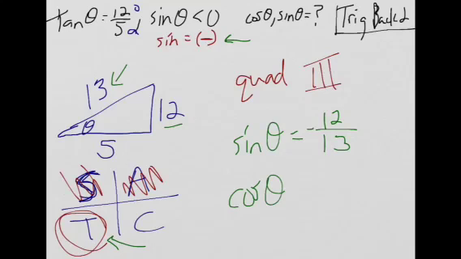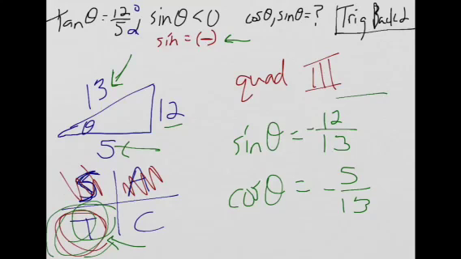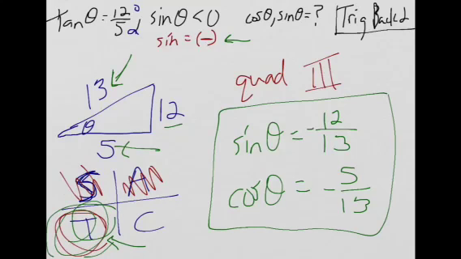And my cosine of theta is adjacent over hypotenuse, so it's 5 over 13. Now I go down here, I know that only tan is positive, so that means cosine is negative, so that guy's negative as well. So my sine is negative 12 over 13, my cosine is negative 5 over 13.